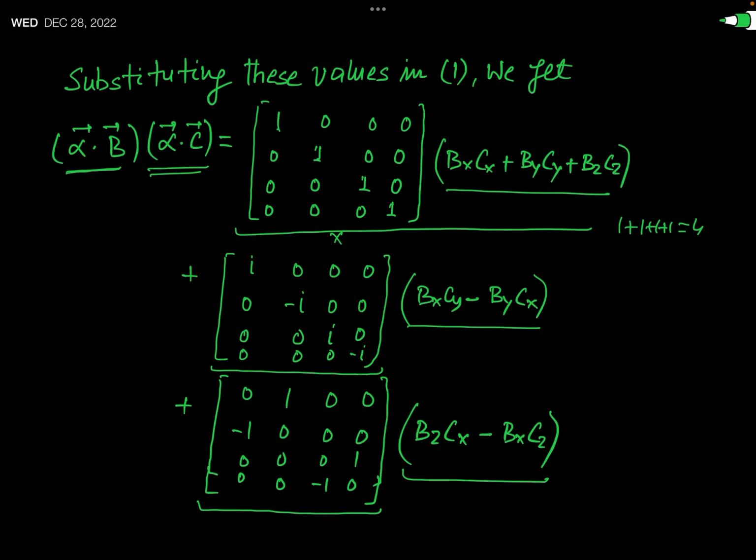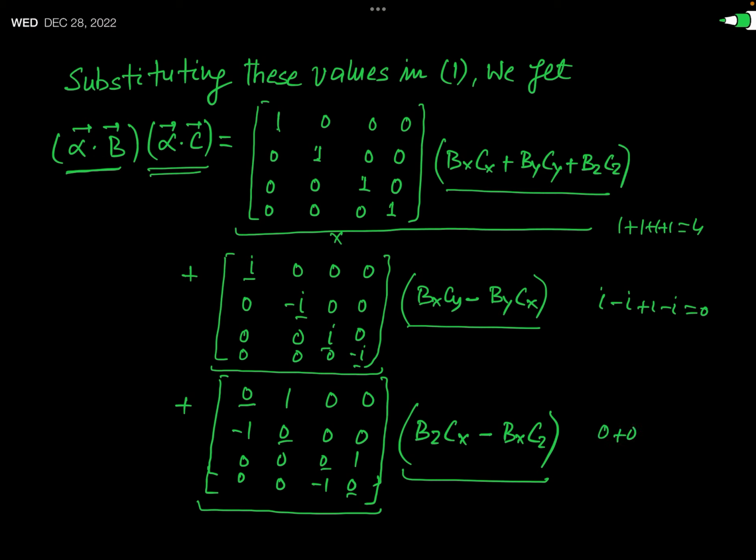Now see, the trace of this matrix will be I minus I plus I minus I, and that will be 0. You have to take the sum of the diagonal elements, which are I, minus I, I and minus I. Again, see the third matrix. The diagonal elements are 0, 0, 0 and 0.